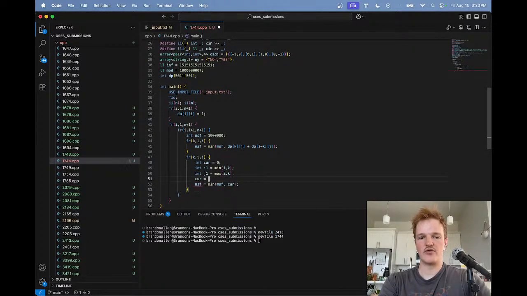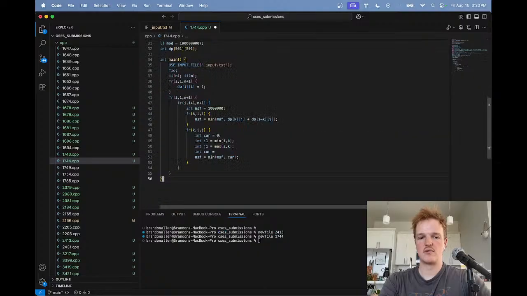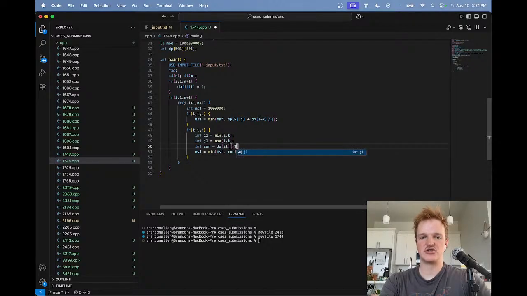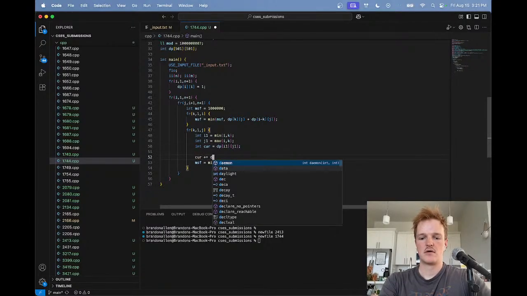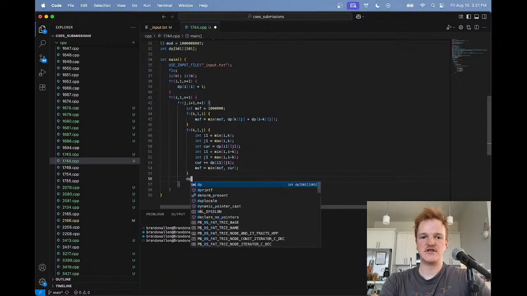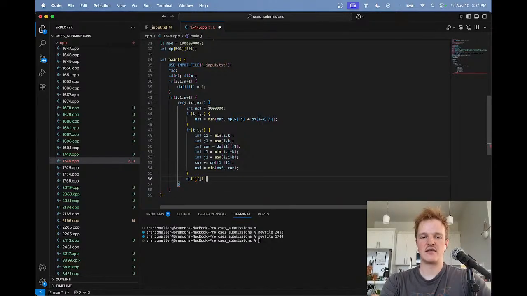Cur is equal to, oops, dp at i1 at j1. And then I'm eventually going to reassign these and do that again. So i1 is equal to min, it's going to be the same, basically, but now it's i minus k. MSF is min MSF in that. And then in the end, dp at i at j is equal to MSF.